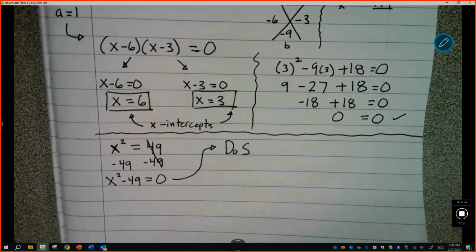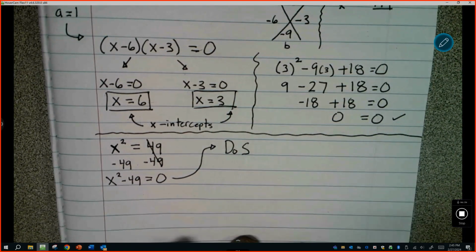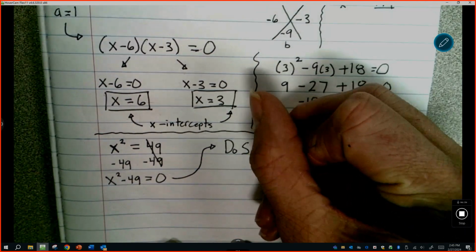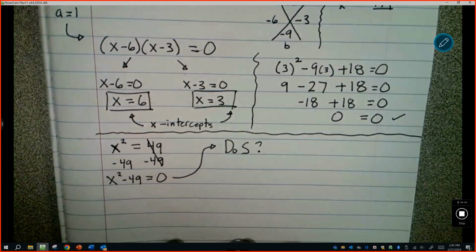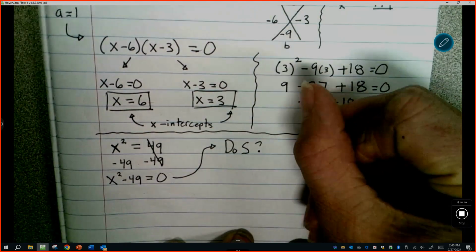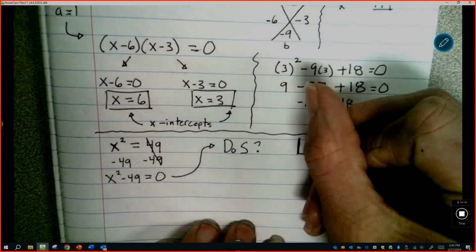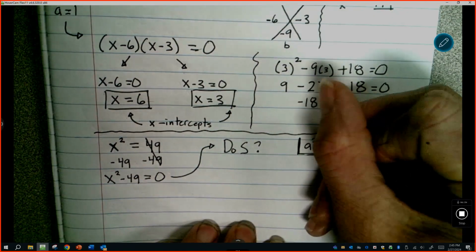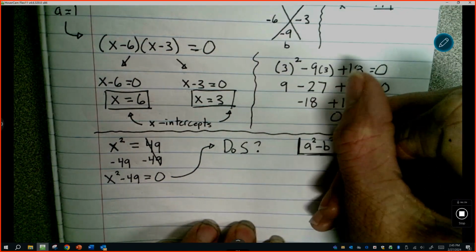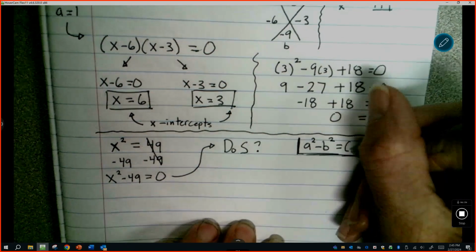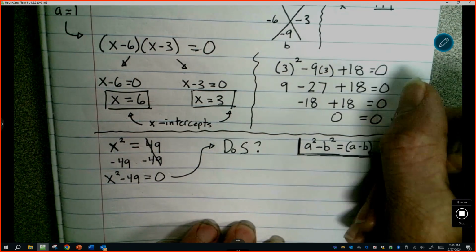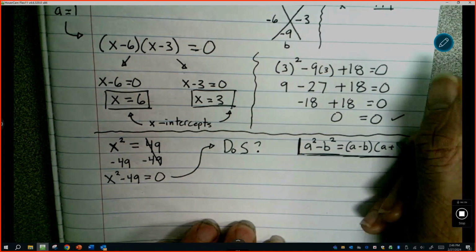Just double check, because it's quite probably a difference of squares. So we're going to check to see, is it actually a difference of squares? I'm going to put the rule for it up here. a squared minus b squared is equal to a minus b times a plus b.